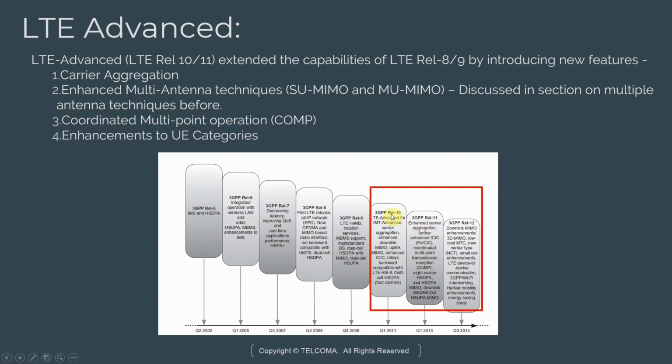So they came up with these three releases, 10, 11, and 12, in this time frame to further enhance the capabilities of LTE and offer new features that would be able to cater to the ever-growing demand for data and fast speeds.